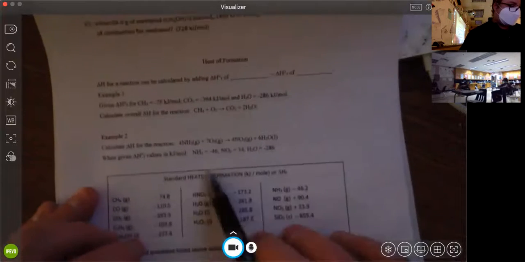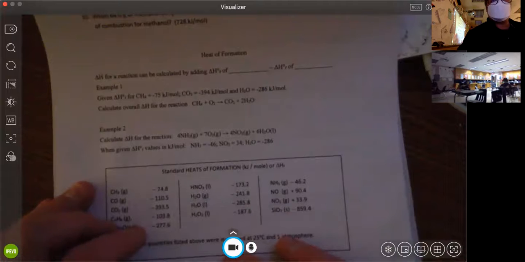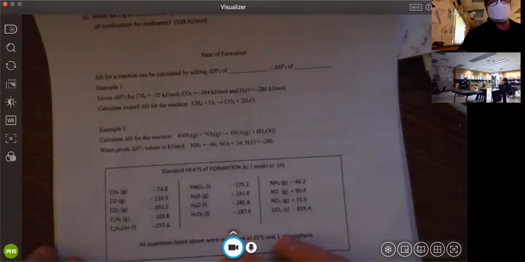So anything in its elemental form, whenever we talk about the heat of formation, it's already been formed, so its heat of formation would be 0. Now that is in its original, standard state. Is diamond the standard state of carbon? No, right? It would be coal or graphite. Those would be the standard states.